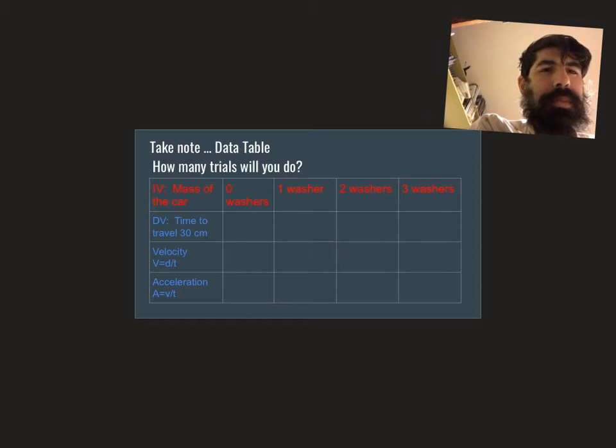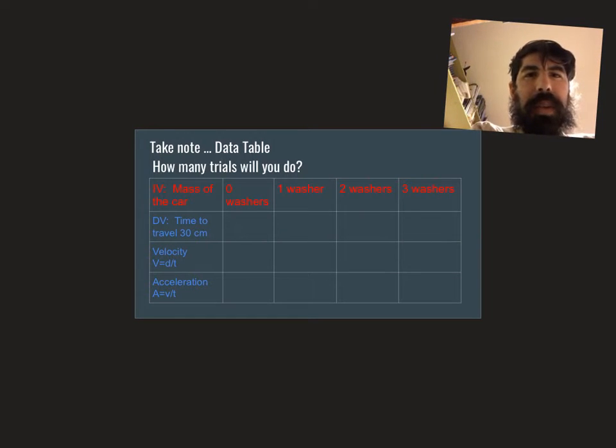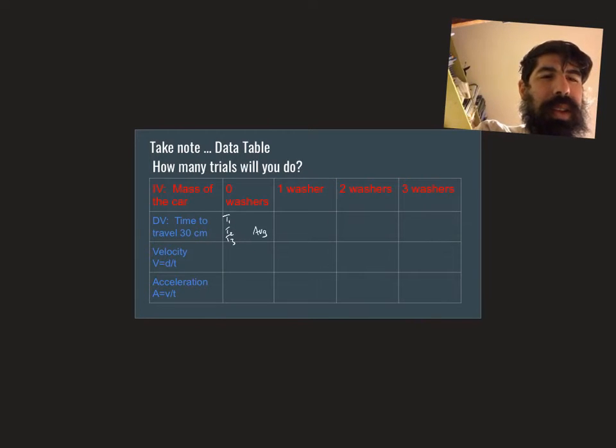Here's your data table. Every time you collect data, you're going to put your trial right in here. After you have about 3 trials, so you'll have trial 1, trial 2, trial 3, and an average, then you'll calculate your velocity, and that'll go here, and you calculate your acceleration, and that goes down here.